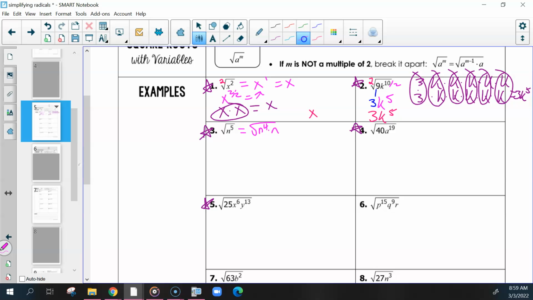And then we can divide 4 by 2 and get 2. And the one that was by itself would stay on the inside. So that's what that square root of a to the m minus 1 times m was.